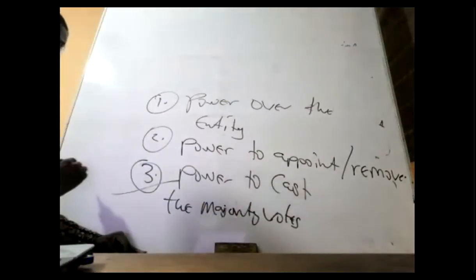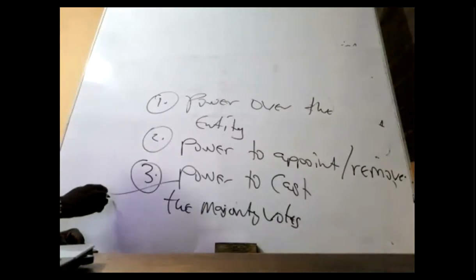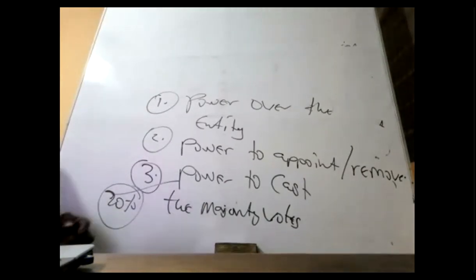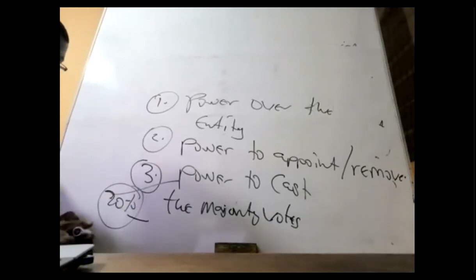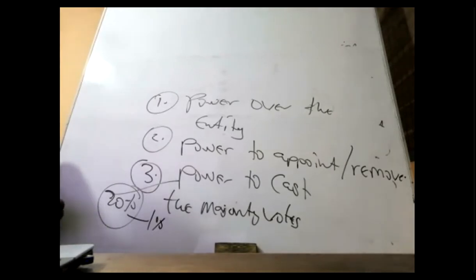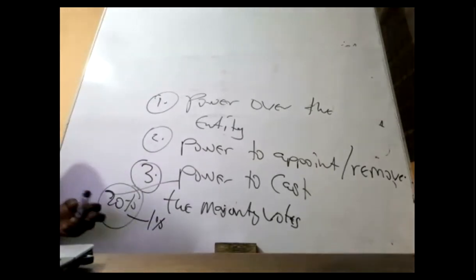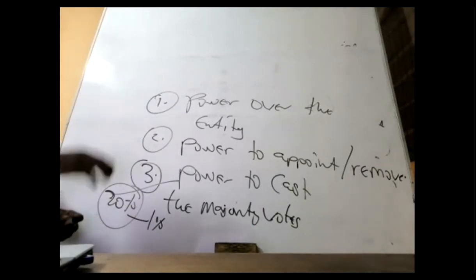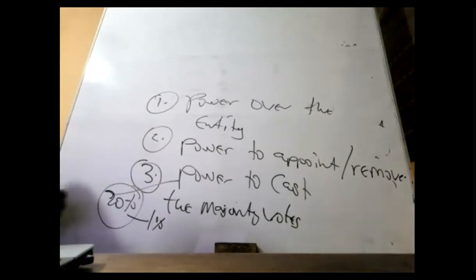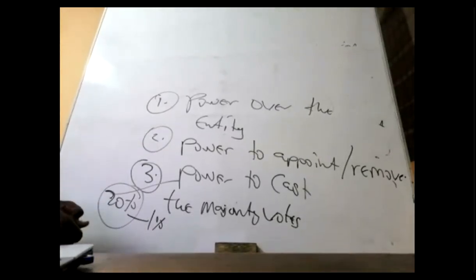The example is that you own 20%, and the rest, over a million shareholders, none of them has up to 1%. So if all of us are casting, I will cast the majority, I will cast 20. None of them can cast 1 unless they come together. But I can cast 20 at a time, unless they get together.